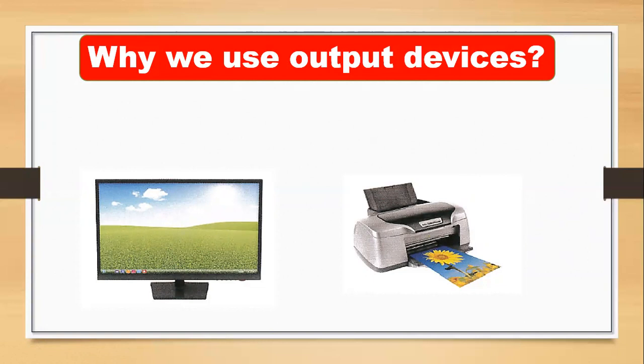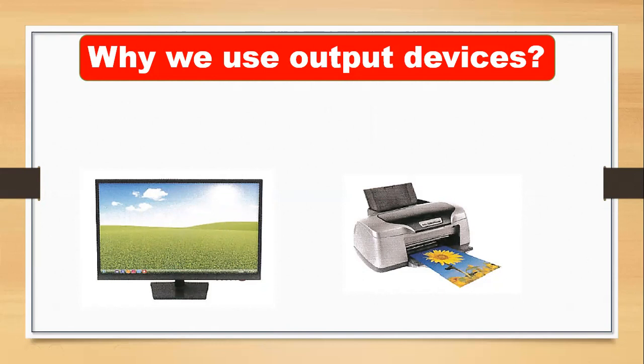You can watch, you can play, right? But if you want a picture from the computer, outside of the computer, then you need a printer. So you can take the results out from the computer.